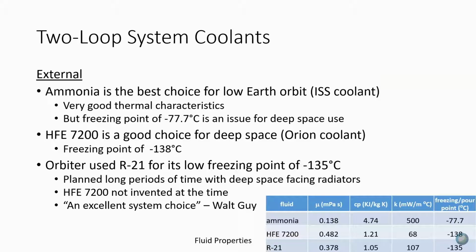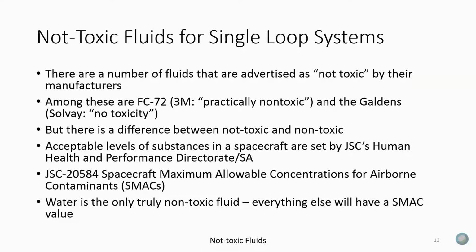As you look at the system design for the orbiter, having to live with long periods of time with the radiator pointed to deep space, freezing point is number 1, 2, and 3. And then you make the compromises you have to make to use a low freezing point fluid. Actually, Freon-21 was about the lowest freezing point of the Freons, and when you look at the Freons, the other thermophysical parameters don't really change all that much. So it was actually an excellent system choice, worked great on the orbiter.